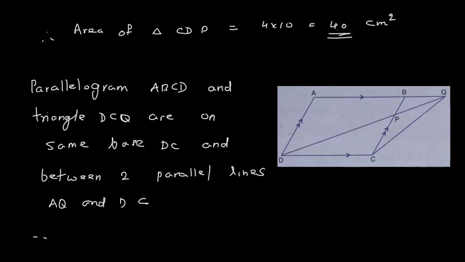So therefore the area of parallelogram ABCD will be equal to 2 into area of triangle DCQ.